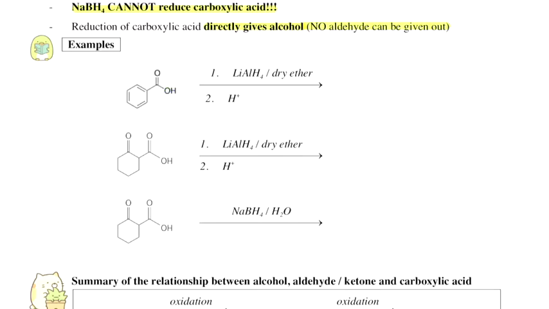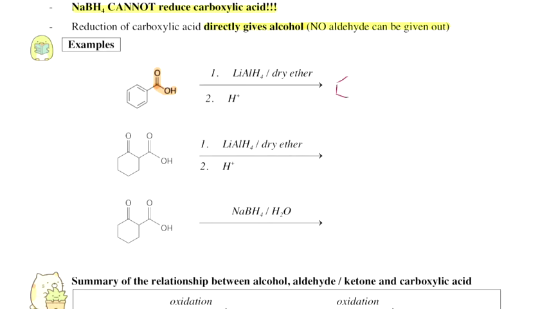Maybe I use a different color. This part. After the reaction with lithium aluminium hydride in dry ether then treated with acid, it should undergo reduction reaction and go to primary alcohol. So the rest of the carbon chain will stay the same.